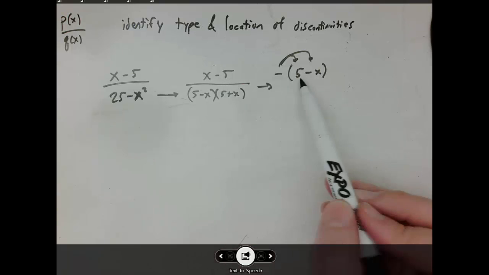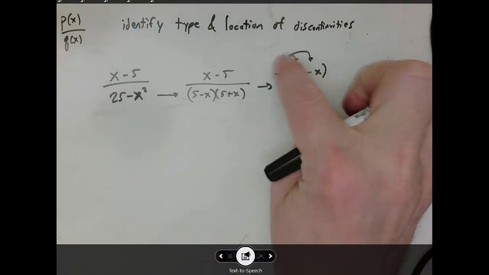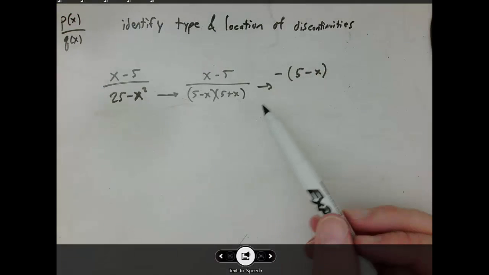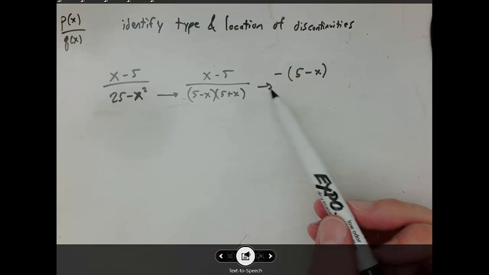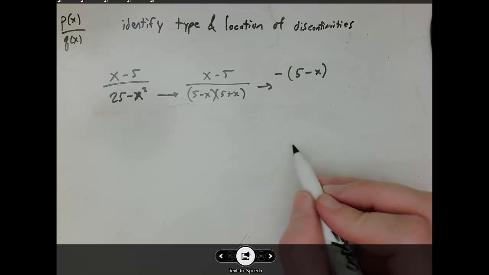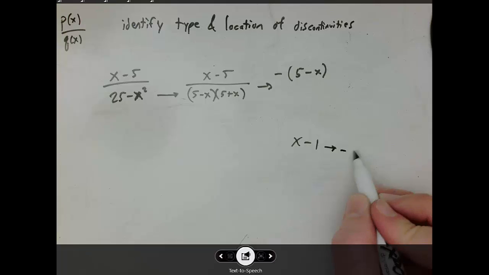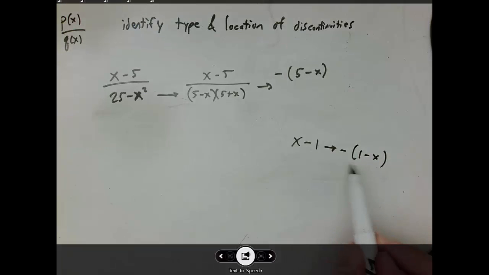And then because I like to have the positive number first, I just also reverse the order that they're in. This is a pretty common trick that you see a lot of the time in calculus to simplify things. So it's helpful to be able to just immediately pull it out. Just say, oh, x minus 1 is the same thing as the opposite of 1 minus x. Be able to go back and forth between those.